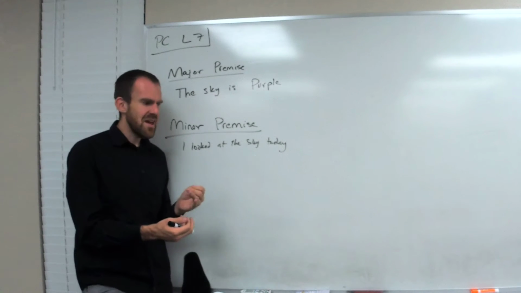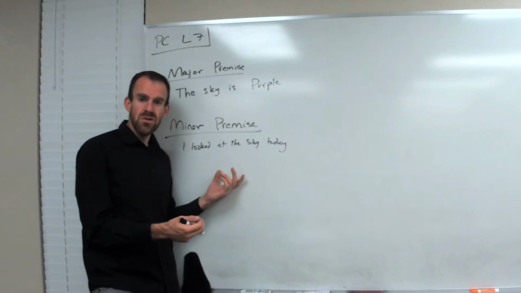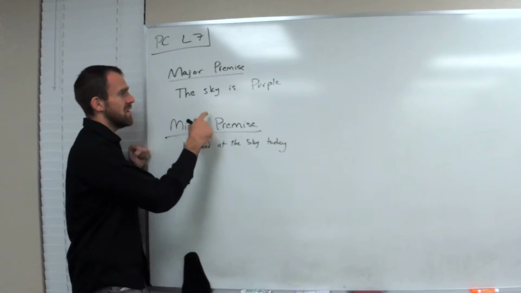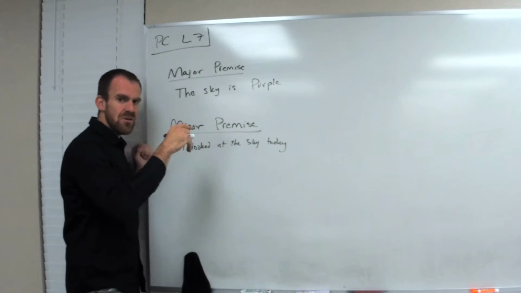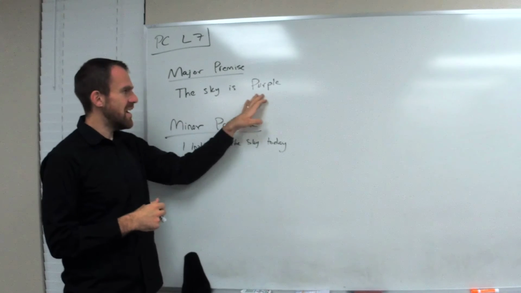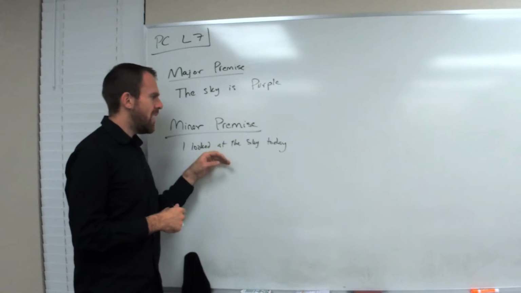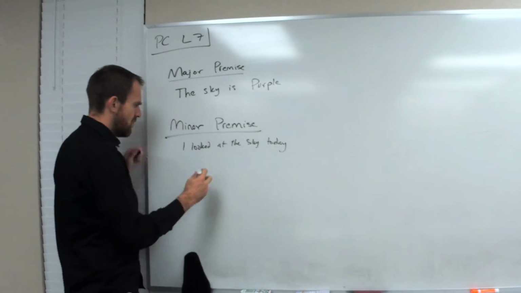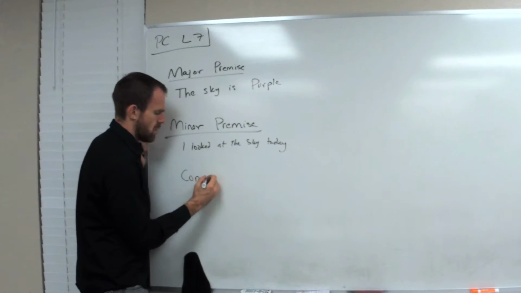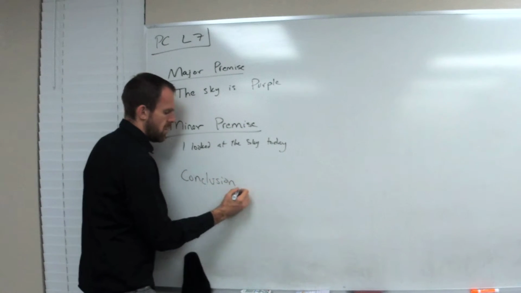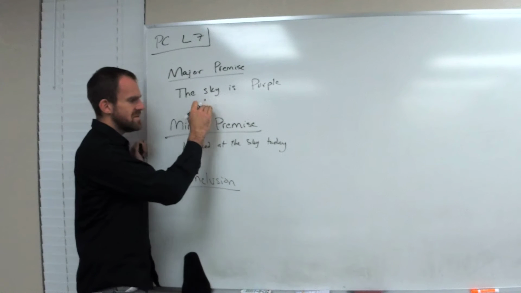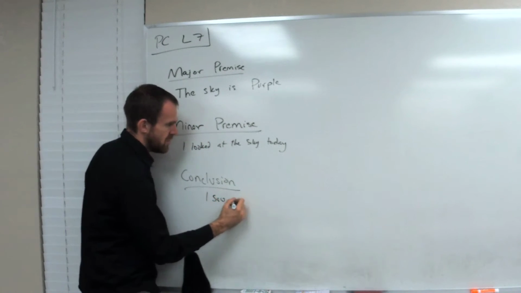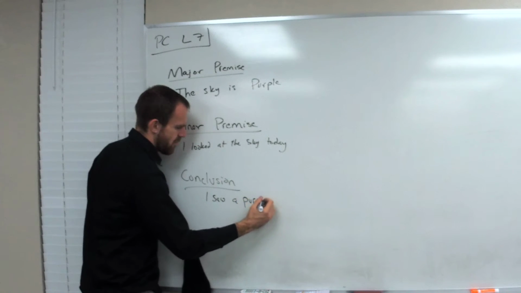Even though that's not true, I can still evaluate whether or not the conclusions drawn from this are valid. And so instead of saying the conclusion is true or false, I'm going to say that it's valid or invalid based on the major premise or our general rule that says the sky is purple. Then my specific case, which is I looked at the sky today, and so my conclusion from the major premise and the minor premise is that I saw a purple sky.